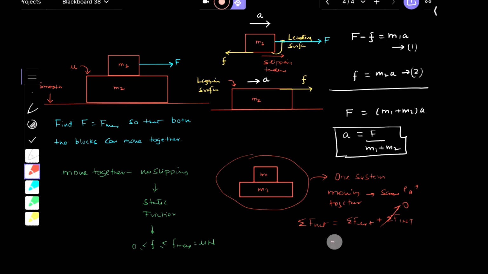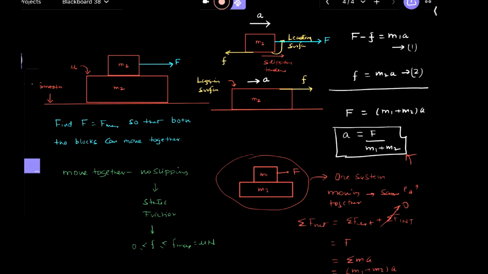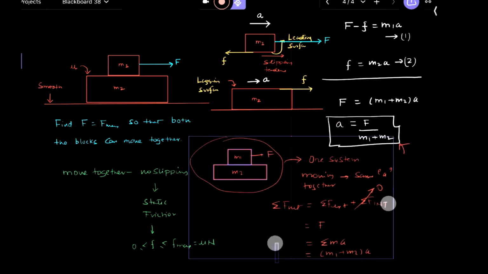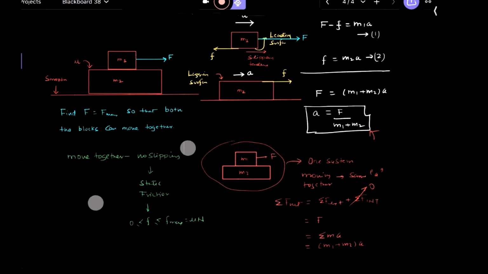So net external force is just F, the one that is acting on M1. And that should be equal to total mass into A. Total mass of the system is M1 plus M2, into A. So from this we come to the same conclusion. Have you understood this extra thing? Even without knowing it, you can solve the question, but have all of you understood now?